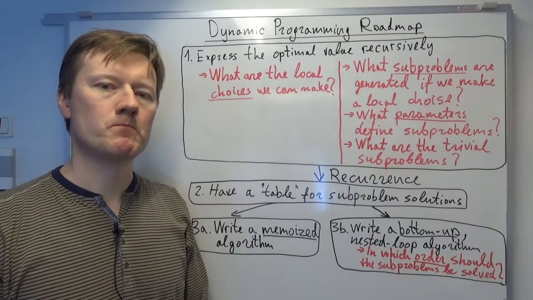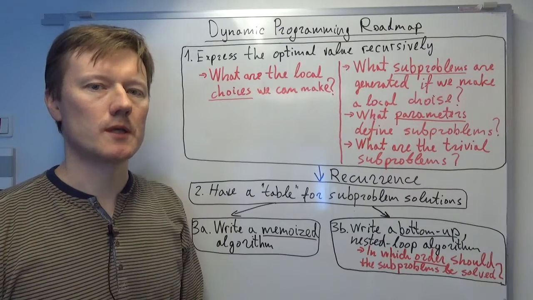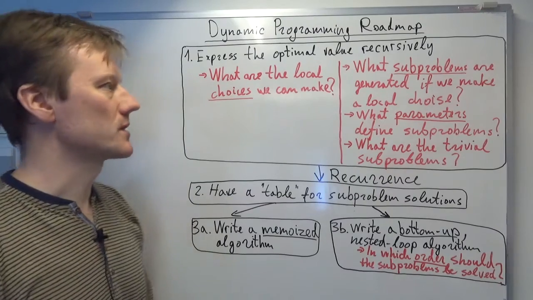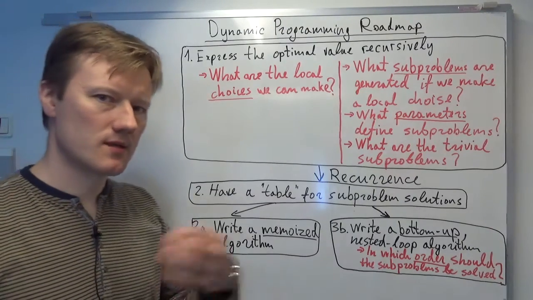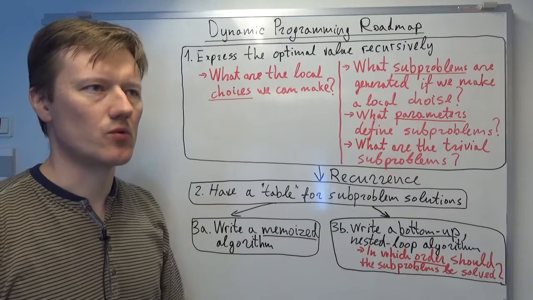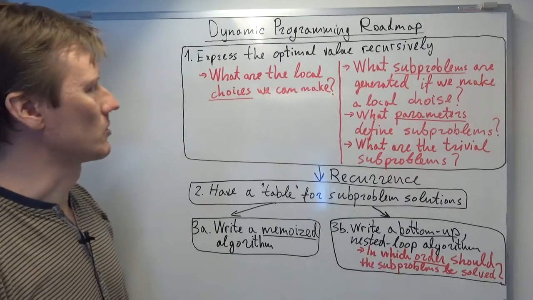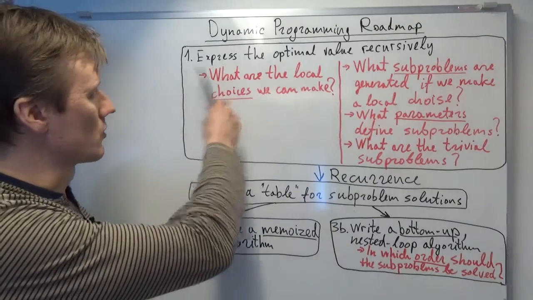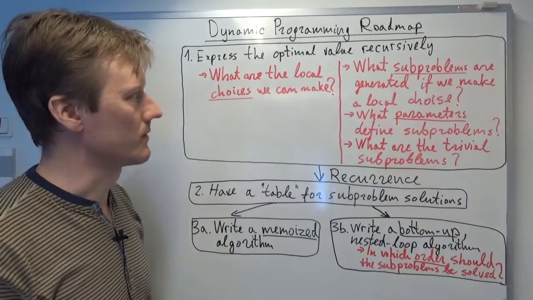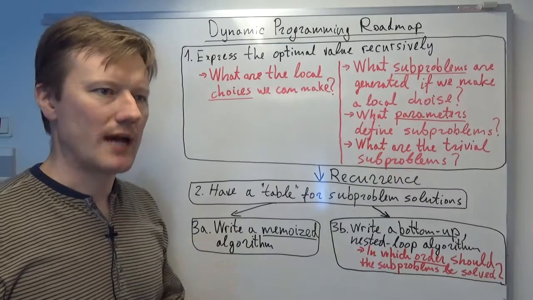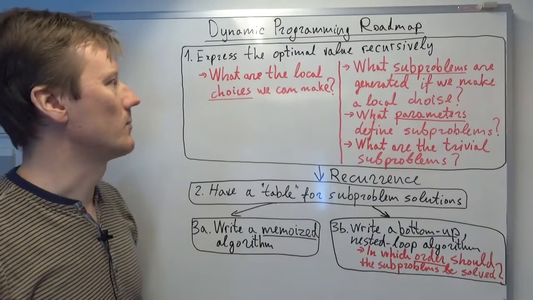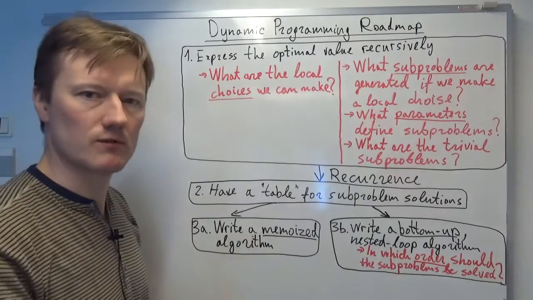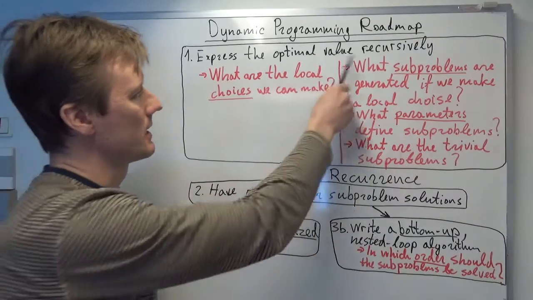Before we go and develop a dynamic programming solution for the coin changing example, let's first recall what is the thinking process that you have to go through when designing a dynamic programming algorithm. So the first observation is that you have to start thinking about how to express the optimal value that you want to optimize recursively.